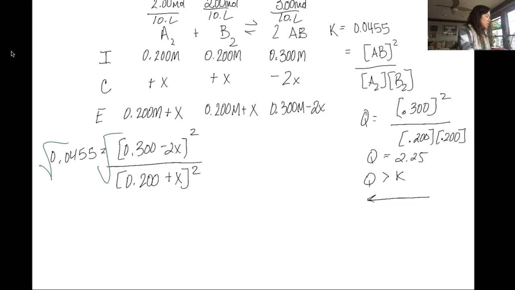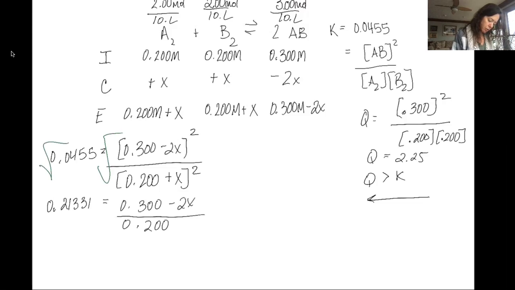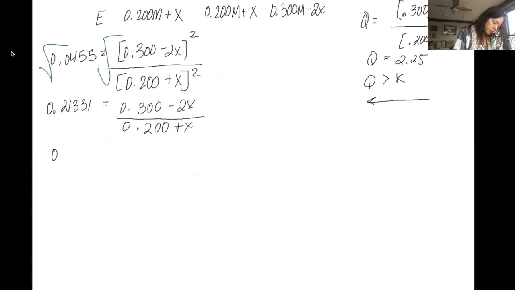That will leave us with 0.21331 is equal to 0.300 minus 2x over 0.200 plus x. We simply need to do some algebra here. 0.21331 times 0.200 plus x equals 0.300 minus 2x.